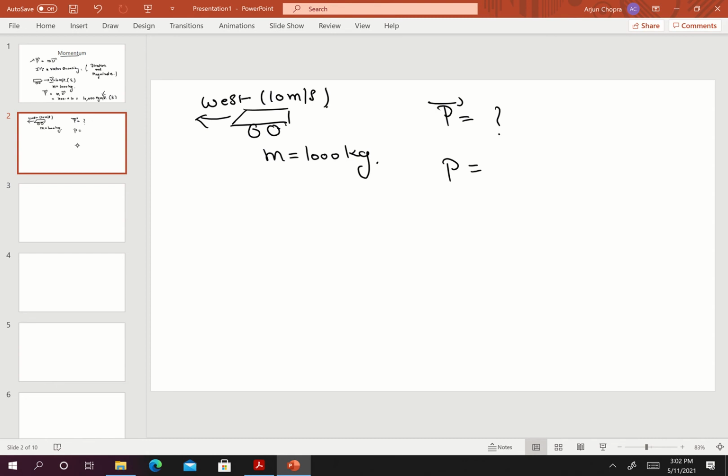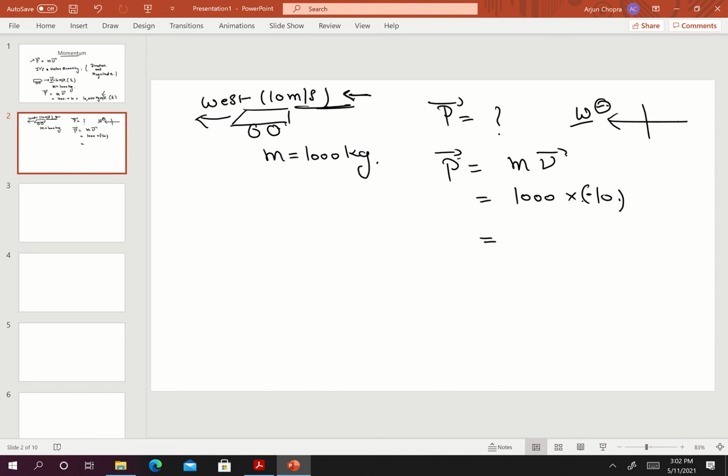So momentum value will be equal to, again, mass times velocity. So the mass is equal to 1000, times 10, and this 10 is in the west direction, 10 meters per second. So I will place a negative 10 here, because what we generally do is whenever an object is moving in west direction, we consider the sign convention as negative.